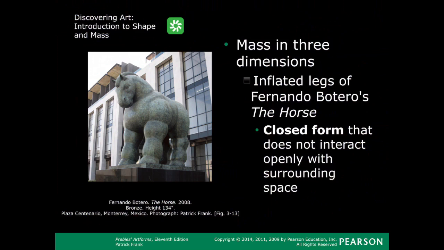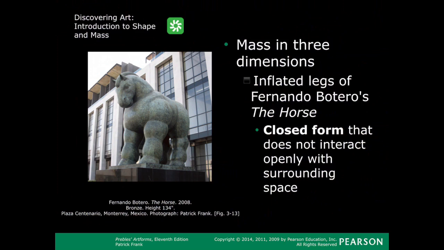And if we look at this object here, Fernando Botero, the horse made in 2008, made in bronze, very large piece, you can see that mass really plays its role when it comes to things like sculpture, because we are looking at the object, we are imagining how it would feel to be close to the object, to physically touch the object, to witness the size and the mass.